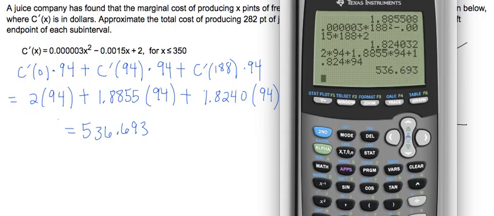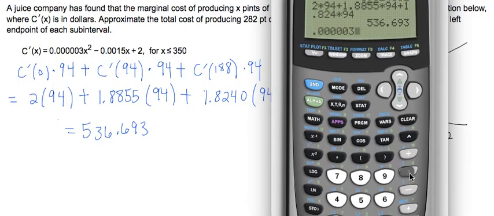And then C prime of 94 is 0.0000003 times 94 squared minus 0.0015 times 94 plus 2, which is 1.8855. That looks correct, which makes me think that this is a rounding error.